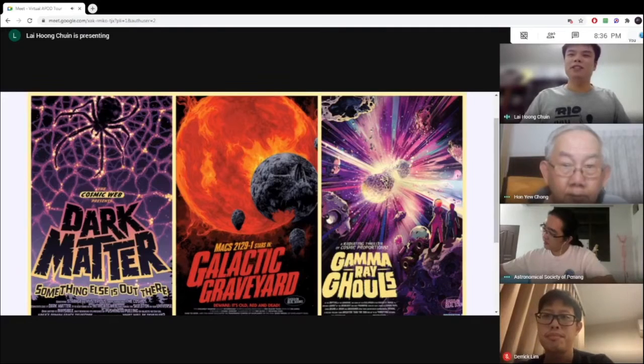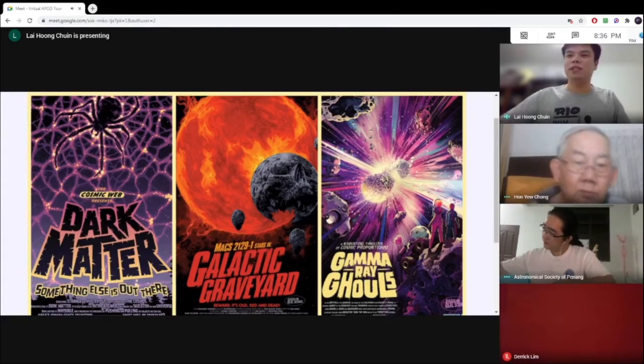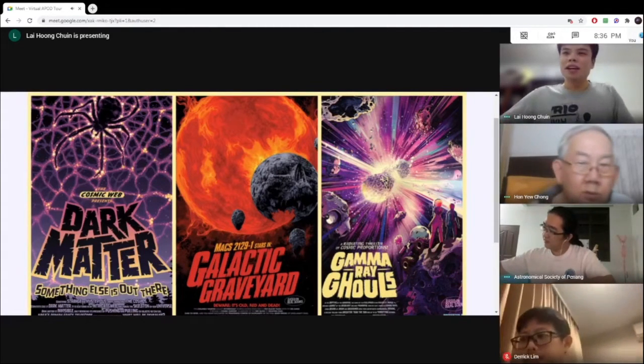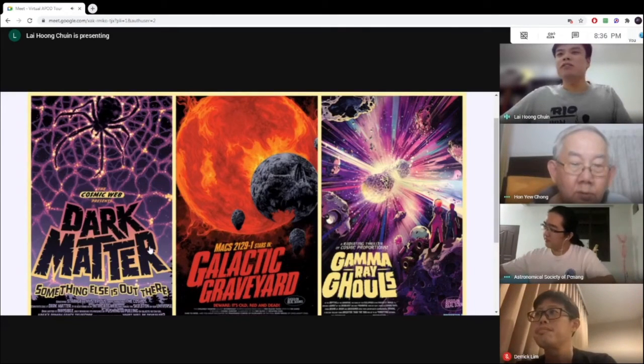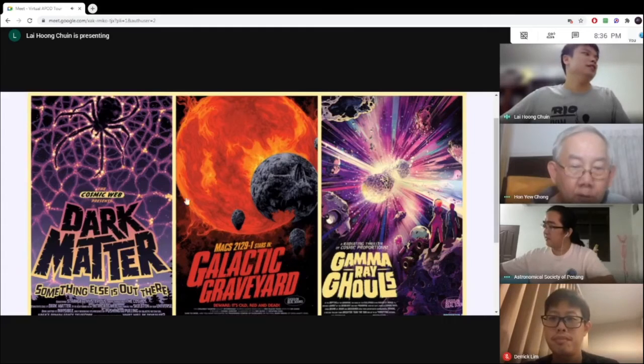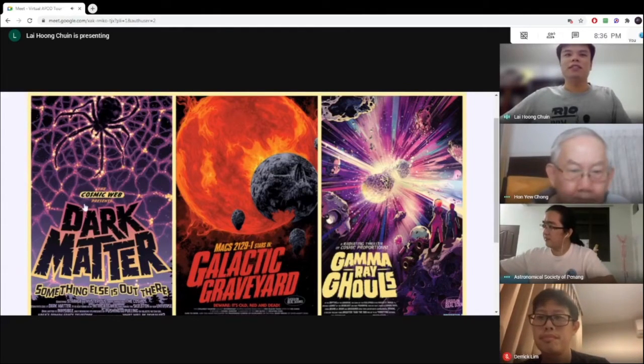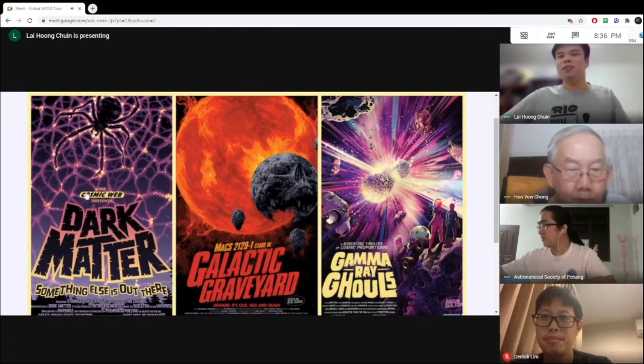Another 23 to 24% consists of dark matter, and the rest is dark energy. We know dark matter exists, but we still haven't managed to see it. So it fits the Halloween theme.